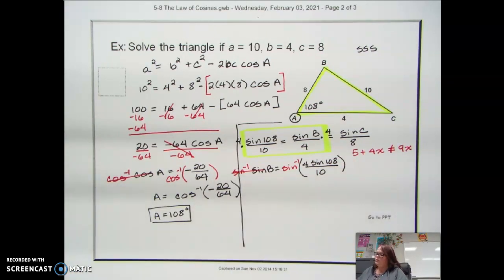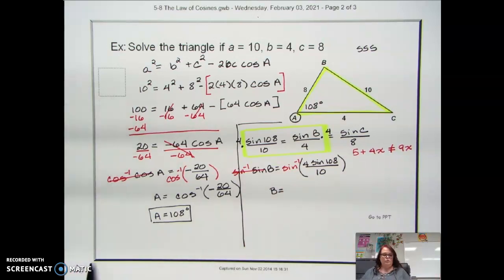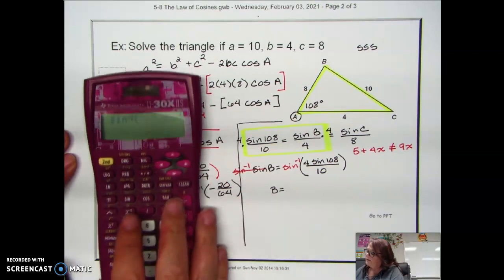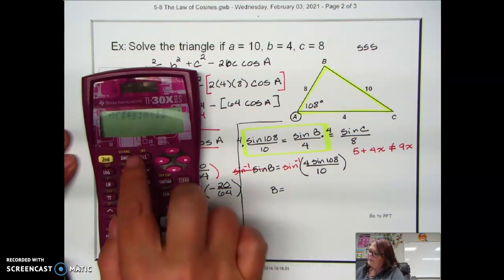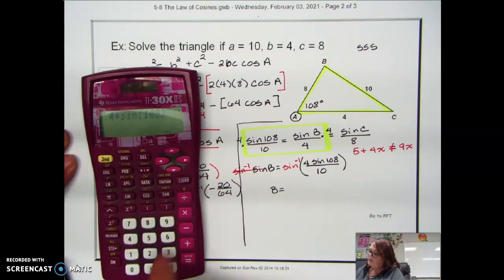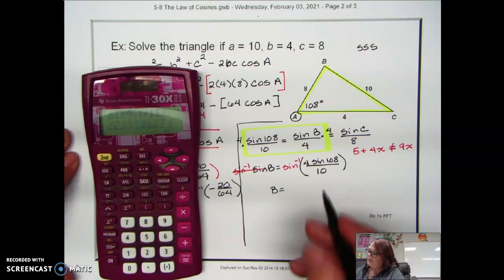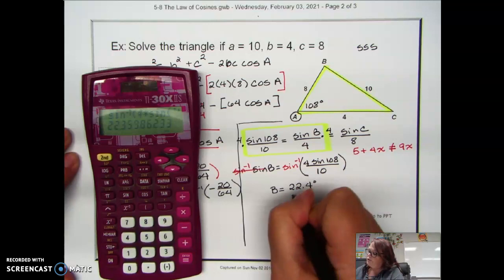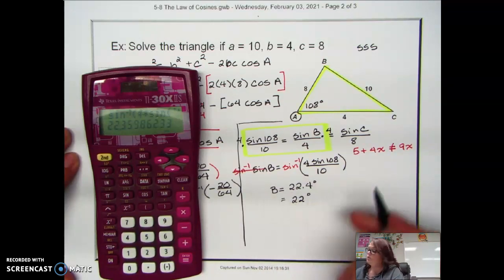So these cancel, and I get that big B is equal to the inverse sine of 4 times the sine of 108, divided by 10, equals, and we should get B to be 22.4 degrees or 22 degrees, depending on what they ask for. They didn't specify, so I'm just going to do the ones place.